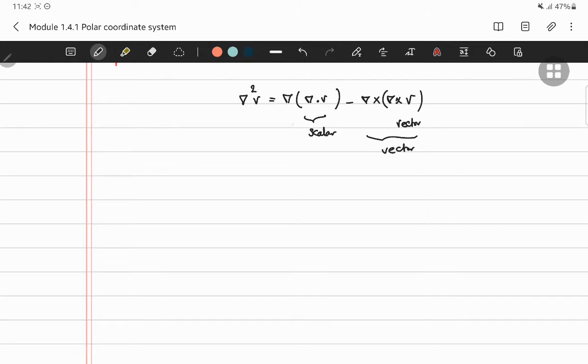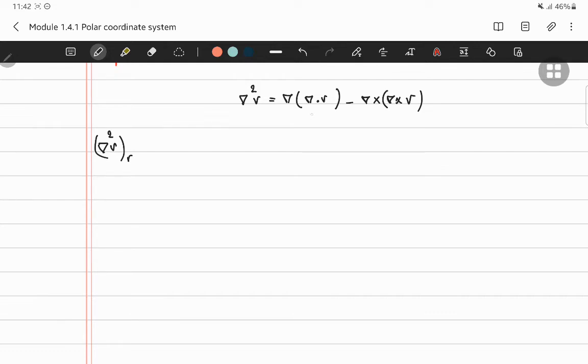And the gradient of a scalar is also a vector. So finally, a vector minus a vector gives a vector. So we expect something like a vector here, something like del squared v_r and del squared v_theta, something like this. All right, let's start with this one.